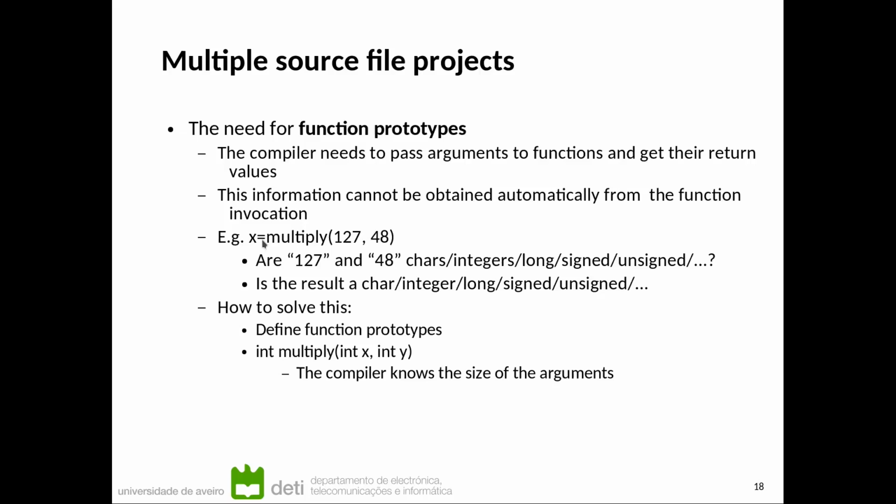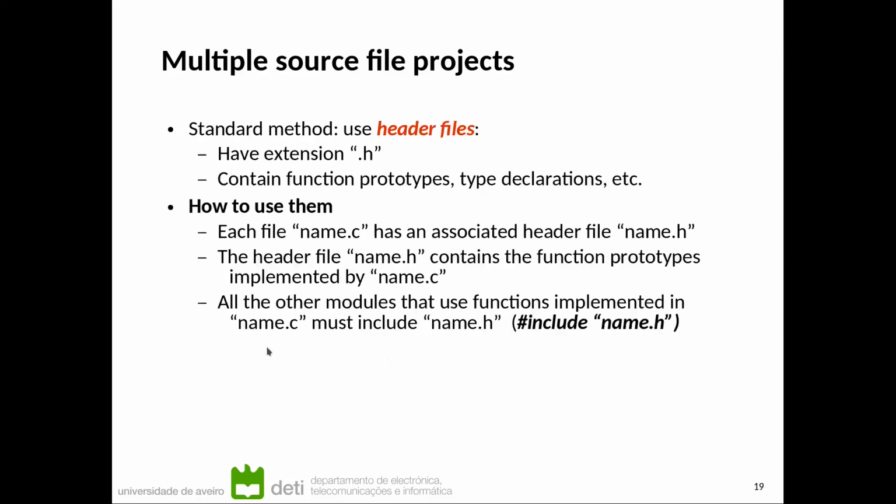So if I just show this for the first time, the compiler doesn't know what to do. It will guess the best it can. If I show this previously, now the compiler knows this is an integer, this is an integer. It will produce an integer as a result.